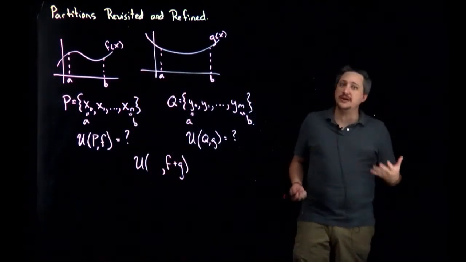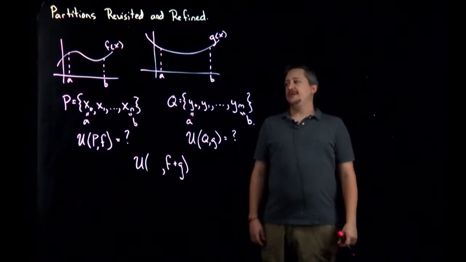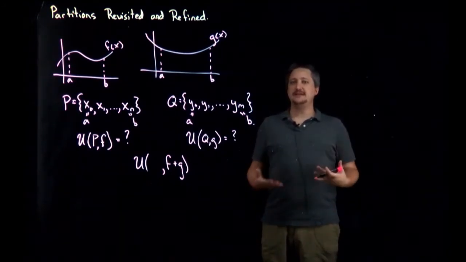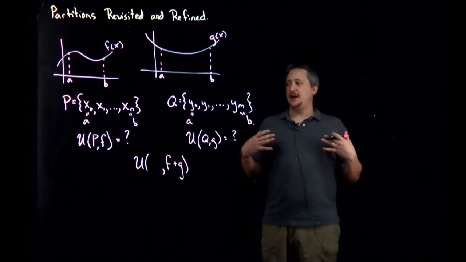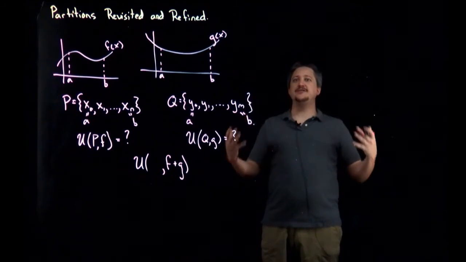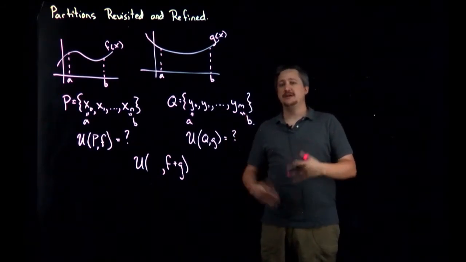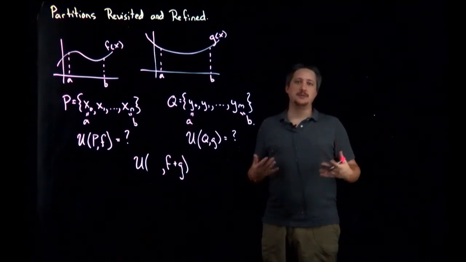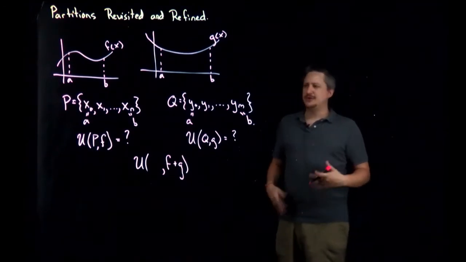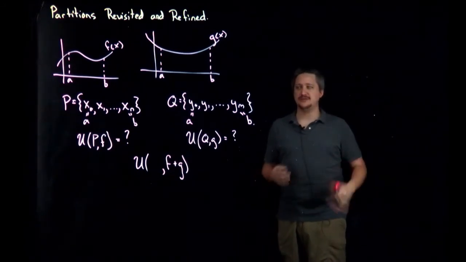I could, but I don't know anything about how that other function reacts there. So this motivates the idea of taking some sort of set that gives us enough information about both functions. Off the top of your head, you might come up with a number of ways to do this, but it turns out there's one obvious right way of doing this.